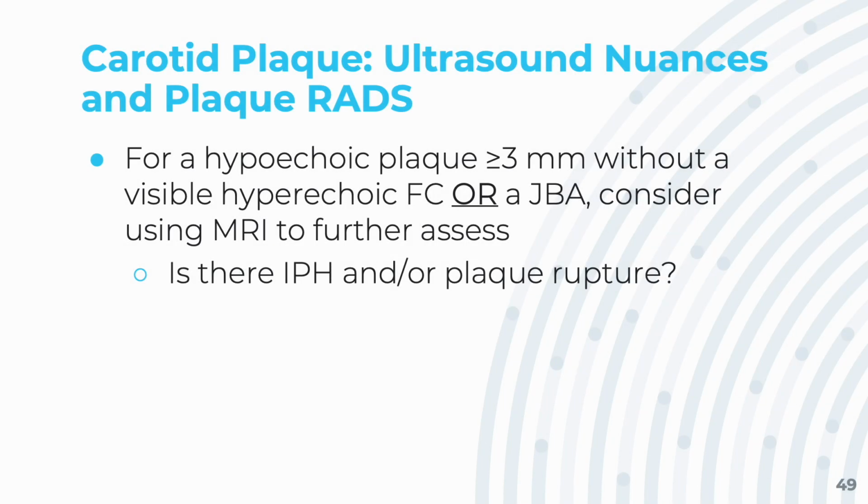So for the clinicians, the authors had a helpful guidance that for those patients who have a hypoechoic plaque of greater than 3 millimeters without a visible fibrous cap, or if there's presence of a juxtaluminal black area, a JBA, one should consider using MRI to further assess the patient's plaque morphology, specifically to look for presence of intraplaque hemorrhage or even plaque rupture.